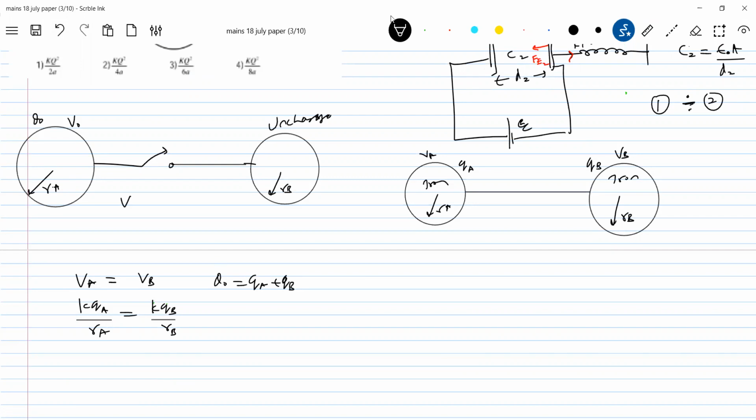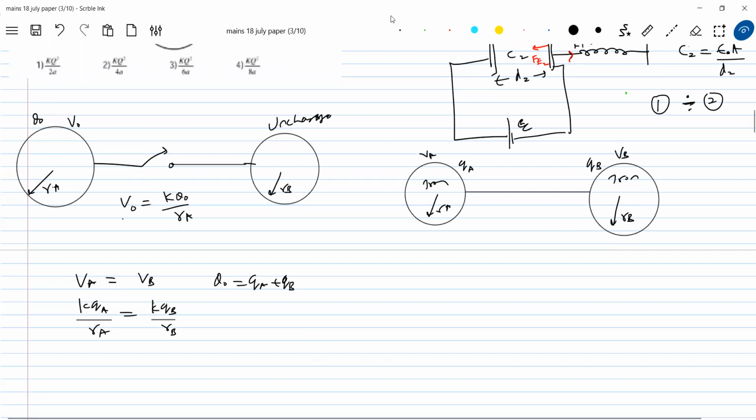Because V naught should be equal to K Q by RA. I think you can manage here, no? So Q naught value, what is given? V naught and RA is given. So we know Q naught. That Q naught you're going to substitute. QA, QB are unknown. After getting QA, QB, then you can calculate the potential of the uncharged sphere. VB is being asked.